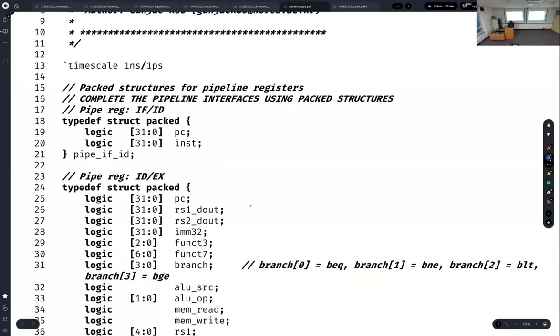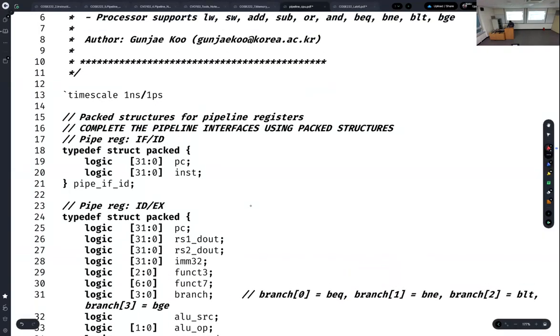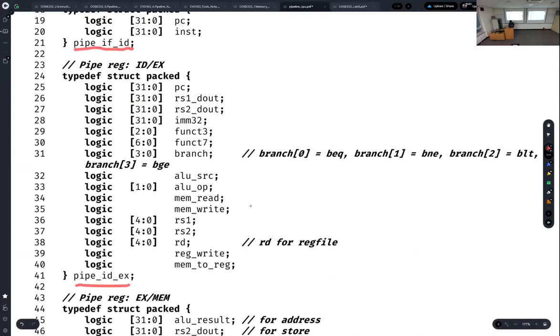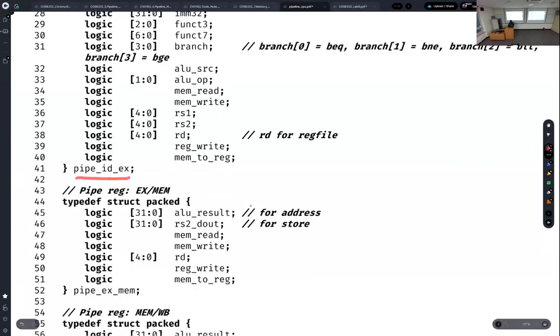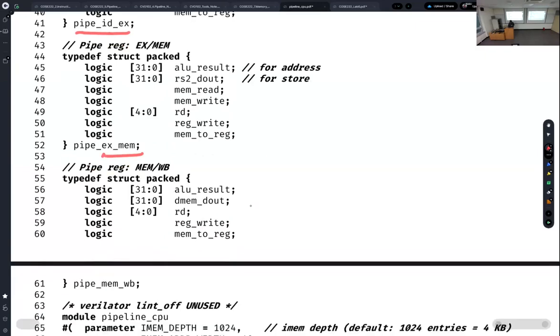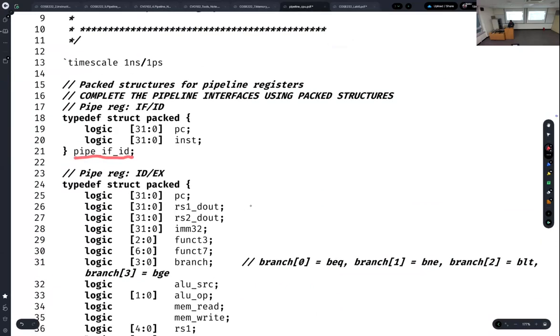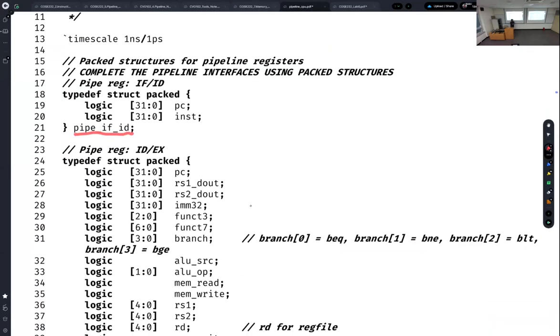You can find the pipeline instruction fetch and ID, then pipeline ID and execution, and memory and write back. I already defined the required member variables, the required member elements of this struct. So you don't need to modify this.